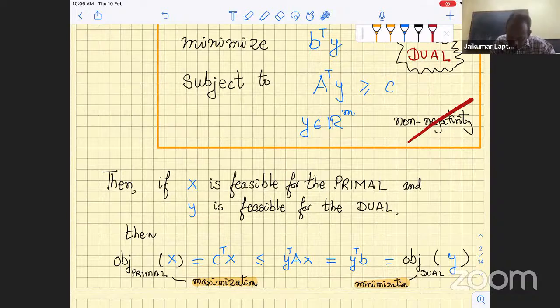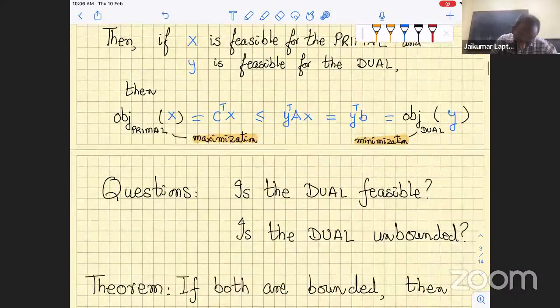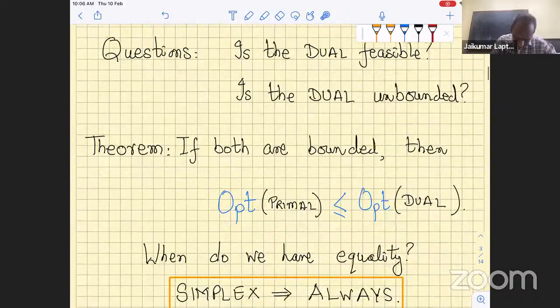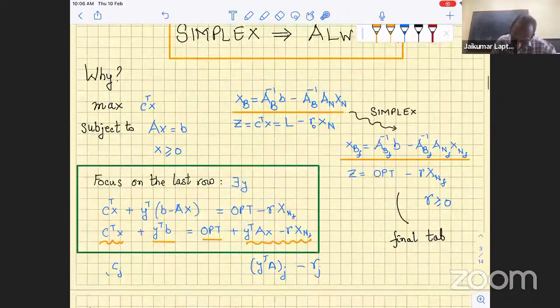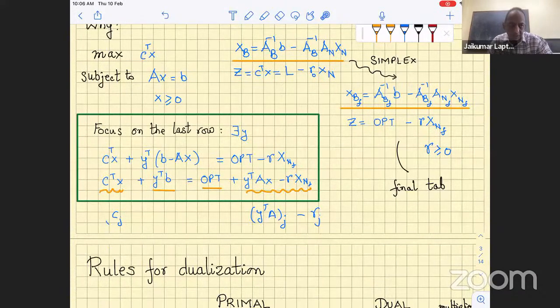I mentioned that this holds with equality for some variables. And which are those variables? Those are those variables which form the basis. But wherever this holds with strict inequality, it must be the case that the corresponding xj's are actually 0 because they are non-basic here.